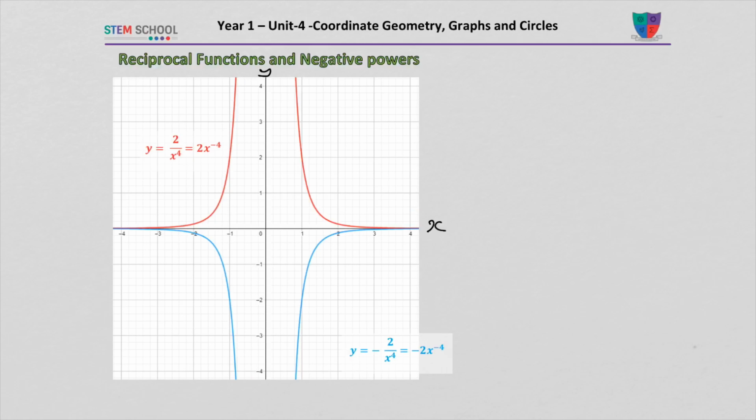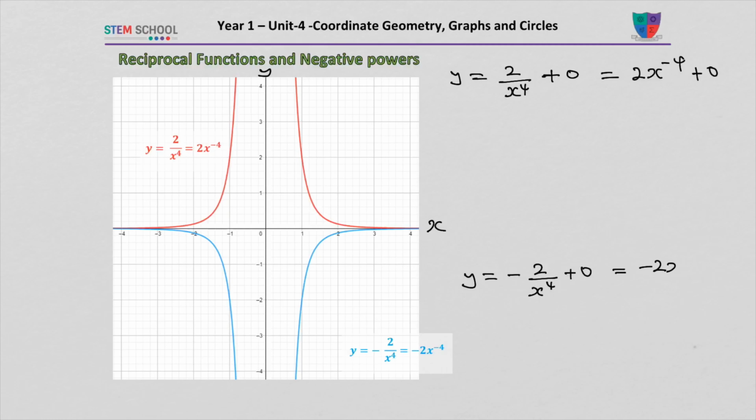The first one is y equals 2 over x to the power 4 plus 0, which can be written as 2x to the power minus 4 plus 0. And the second situation is y equals minus 2 over x to the power 4 plus 0, which is minus 2x to the power minus 4 plus 0.